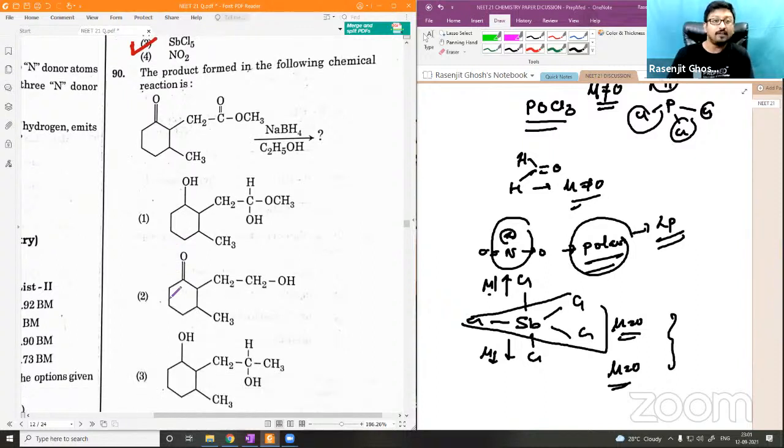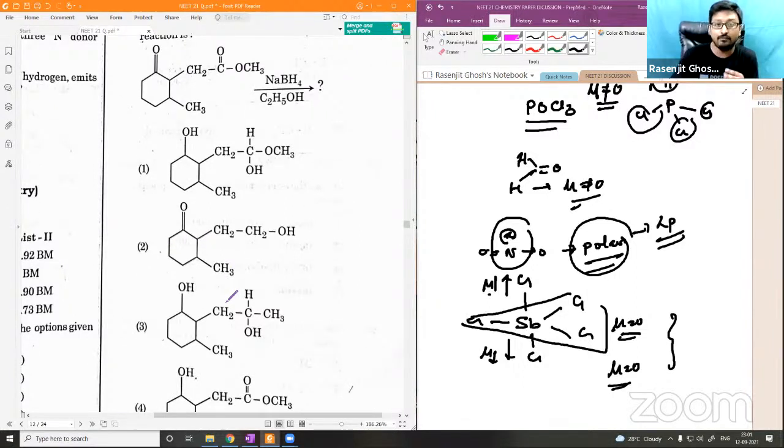Now, I have a little bit of confusion in this question number 90. If I use normal knowledge for the comparison between sodium borohydride and lithium aluminum hydride, sodium borohydride is a weak reducing agent compared to lithium aluminum hydride.